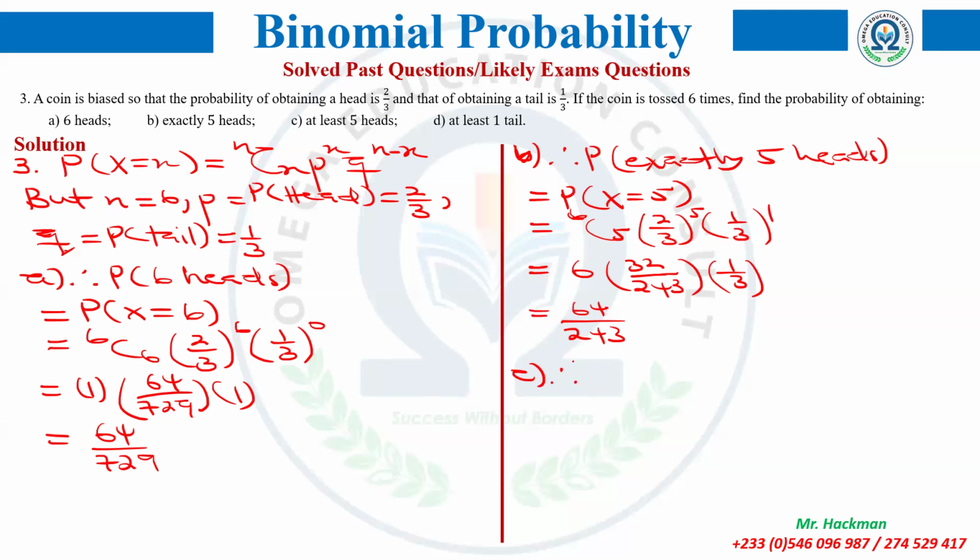Therefore, the probability of at least 5 heads is equal to. Let's go. P, in brackets, I've told you don't say that.